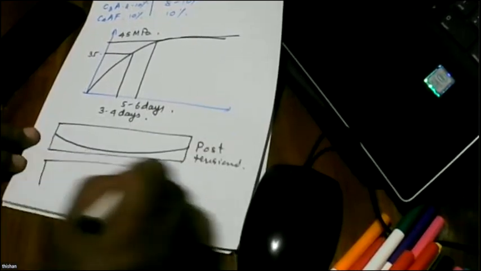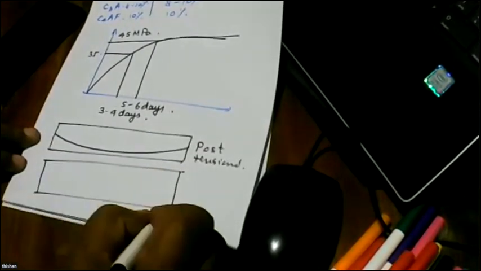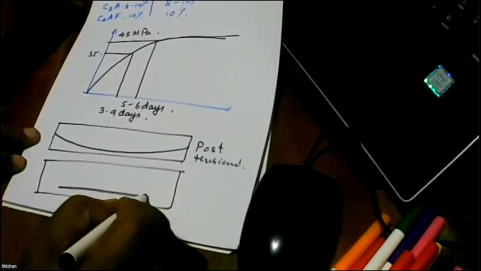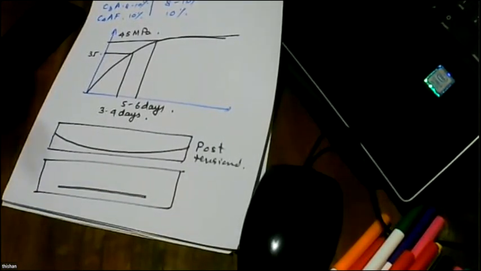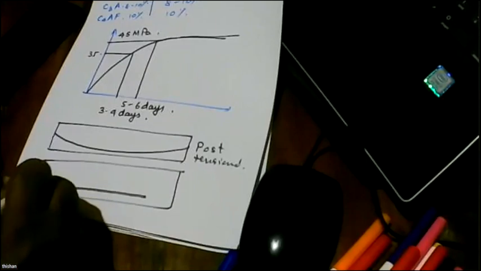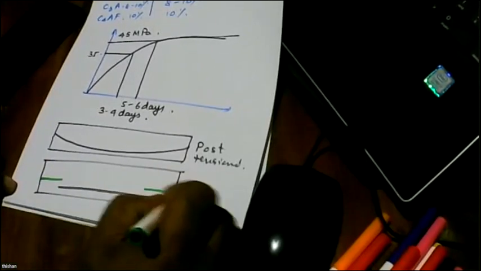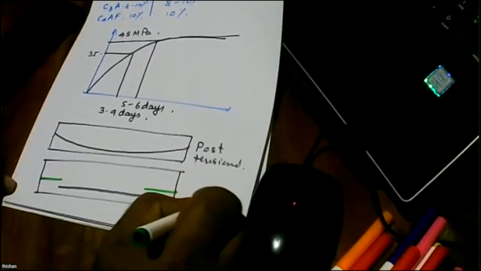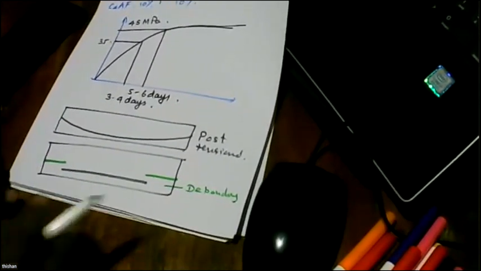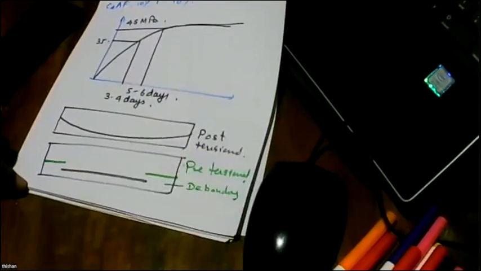The other option is we have the tendon centroid lying here, and then the centroid lying elsewhere towards the end, and here we get debonding. We make sure of either this or this, and this is for pretensioning. We use this for pretension, we use this for post-tension.